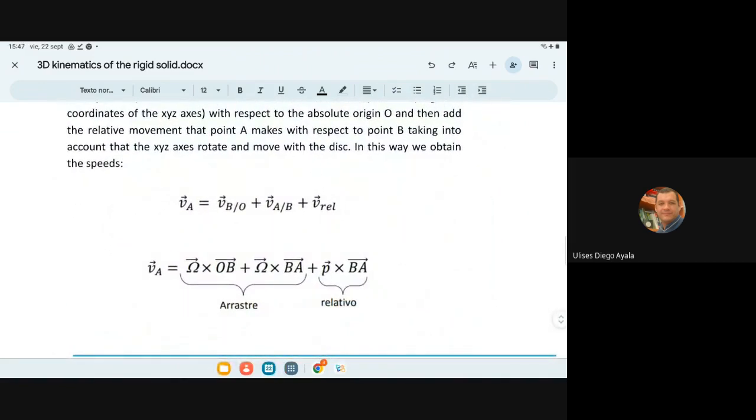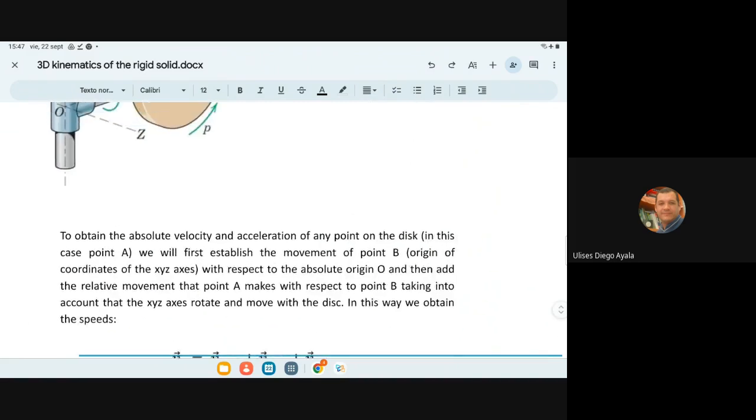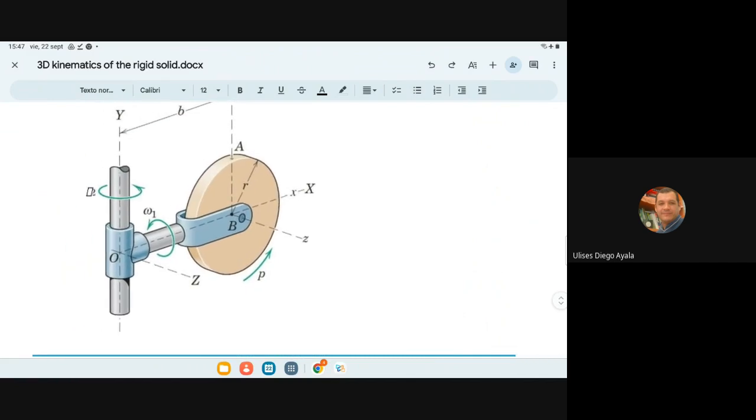In general movement, we go into the so-called arrastre y relativo, and this was a combination of two movements. You might have to go back into the 2D to refresh a little bit about the arrastre y relativo, because you are applying the same again. So you combine these two movements. You had one which is rotating, and the difference will be that in this case, it's not rotating around the same axle, because this rotates, for example, around this axle.